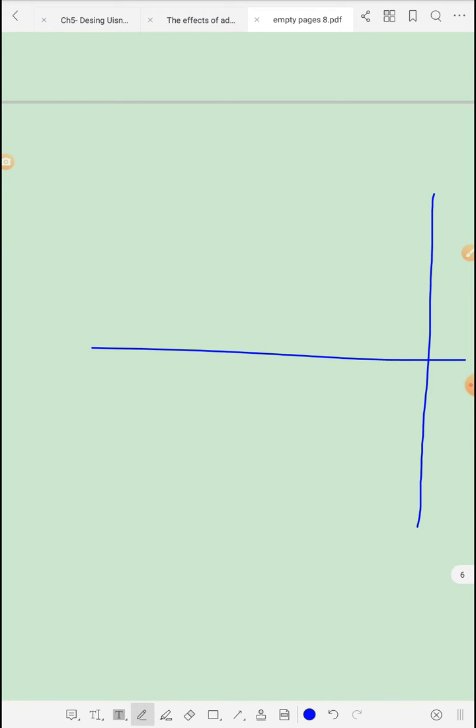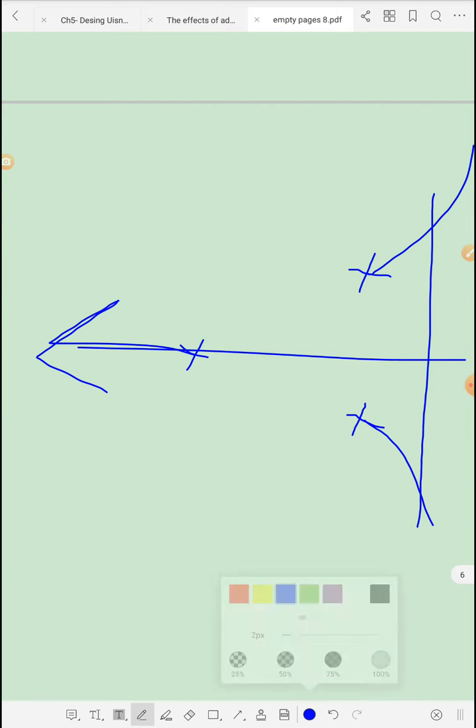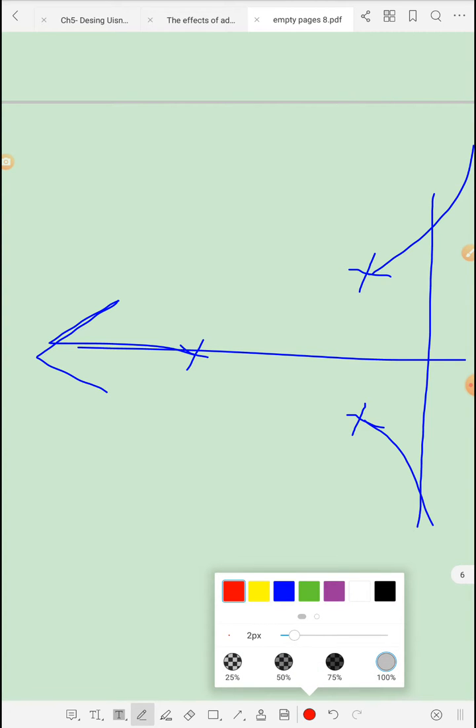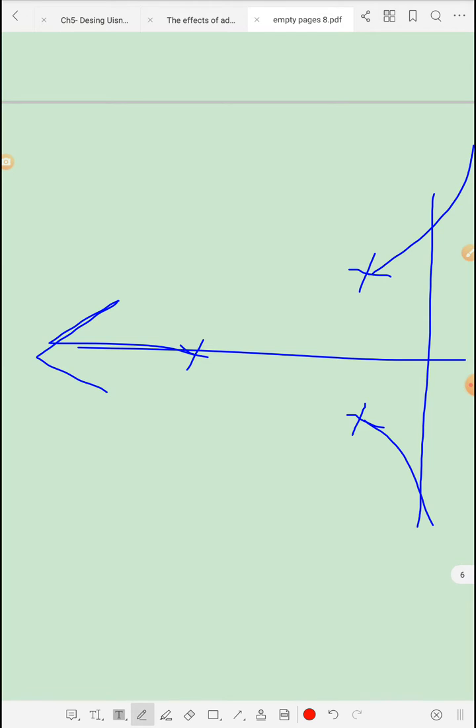Now we will cover another approach, which is compensation. I will assume the same system, and we have 3 branches, 1, 2, and this is the third. In this scenario, I will assume that the desired location, this is SD, is not lying on the root locus.